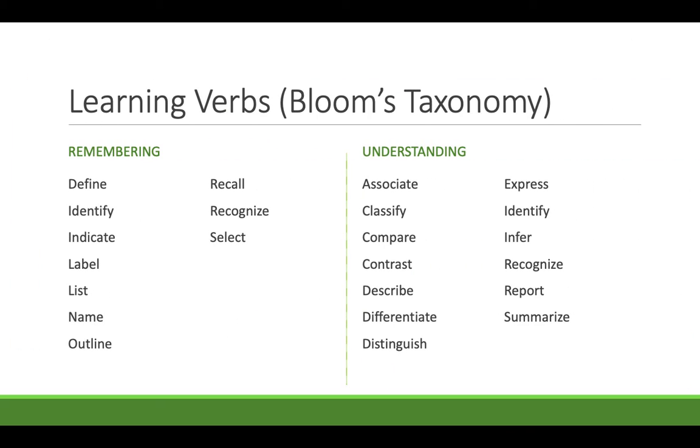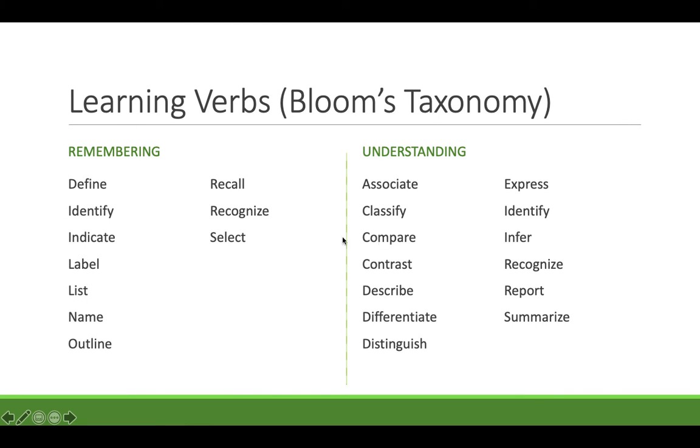And using Bloom's taxonomy and looking at those remembering and understanding levels, we can get some really nice verbs to build out some learning objectives. You can go online and Google Bloom's Revised Taxonomy of Verbs, and there are many, many PDFs and lists out there full of verbs for you to be inspired by as you write your own learning objectives. You might notice that some levels will contain the same verb.